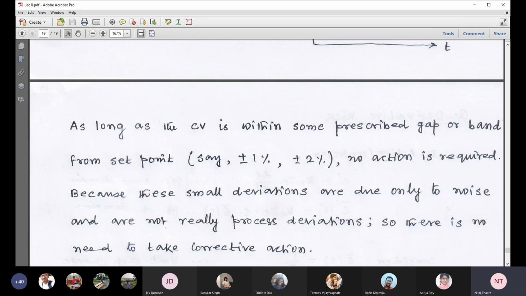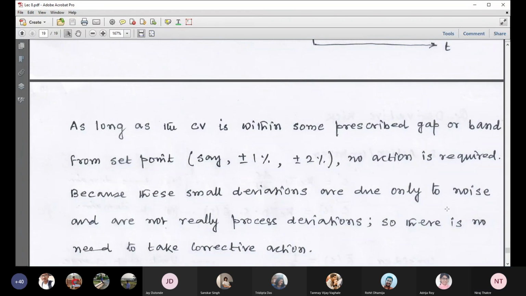So these are happening, this gap or band, it may be plus minus 1%, plus minus 2%, plus minus 3%. These are due to the noise. These are not the process deviations. So there is no need to take any corrective action from the controller.